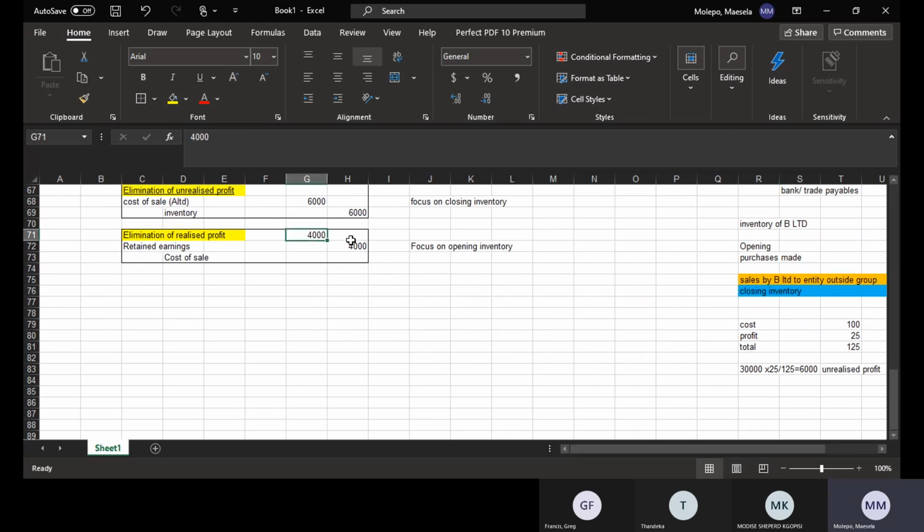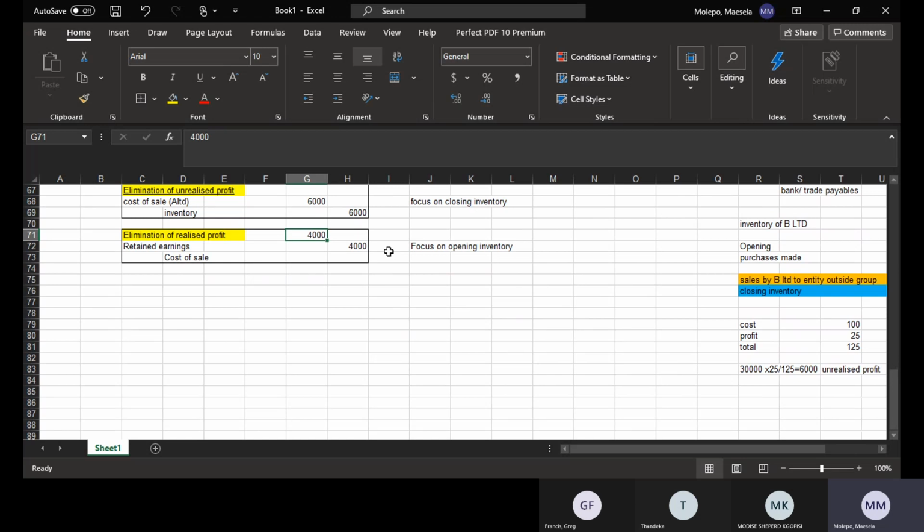We add the profit of the 4,000 because this one is now realized on the retained earnings of the parent. When we were dealing with the retained earnings at the beginning of the year, it was sitting on the 80,000. Now there is inventory that was sold during the current year. Any profit realized during the current year, the parent needs to acquire.